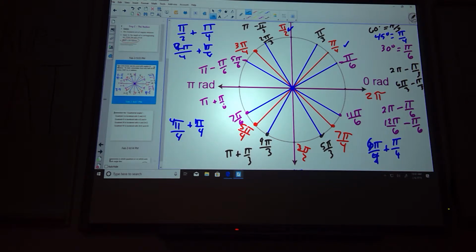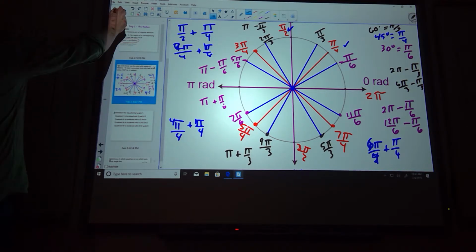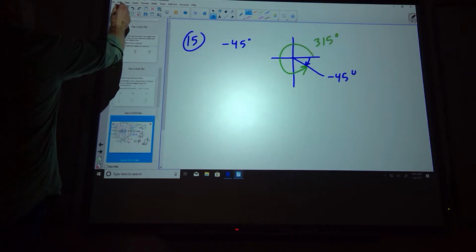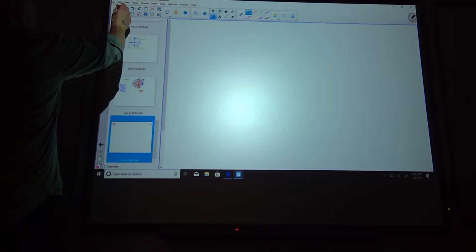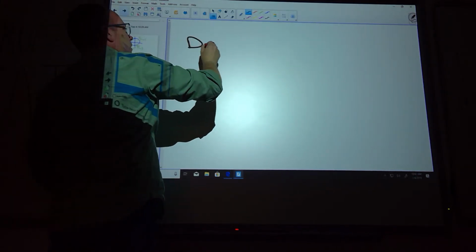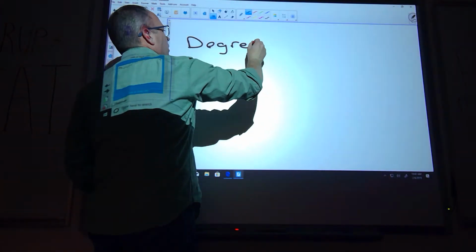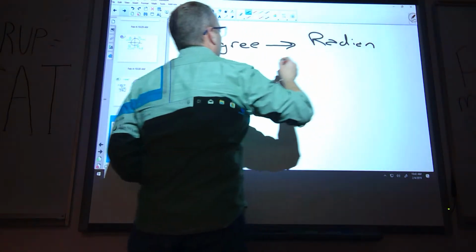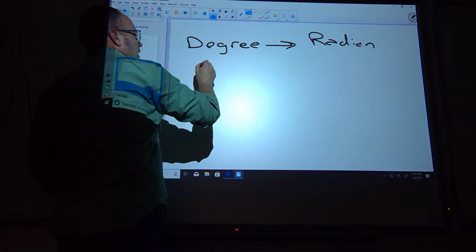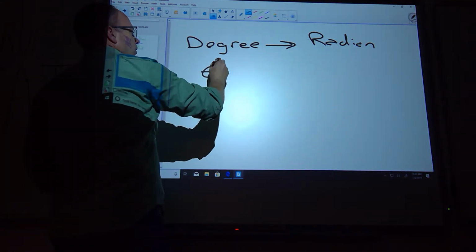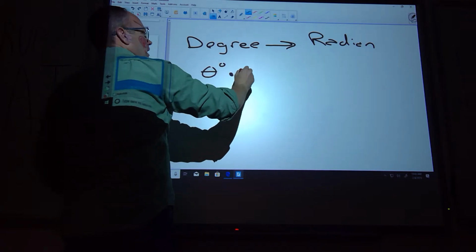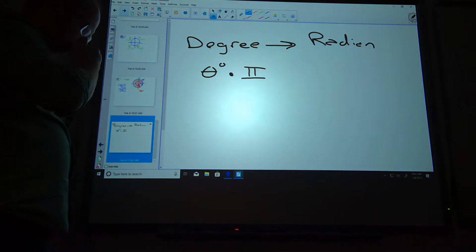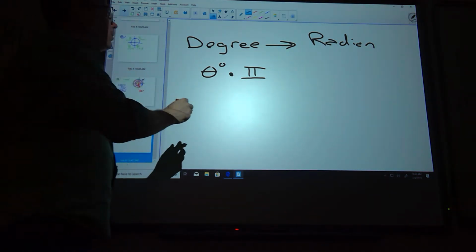There is a conversion factor. So if I want to go from a degree to a radian measure, what you're going to do is take whatever your angle theta is in degrees and multiply it by pi over 180.